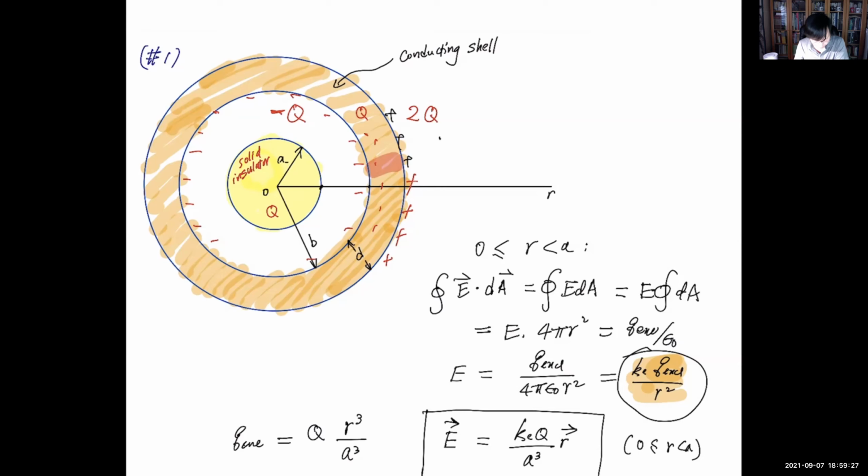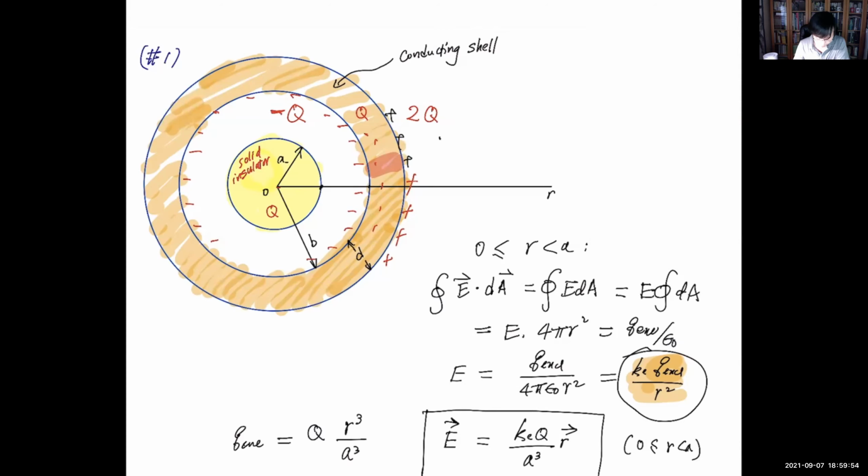So you can put any charge anywhere you want and they won't move. That's why they're insulators. The charges cannot move. But if it's a conductor, then to make sure that there's no electric field inside the shell and at the same time satisfy Gauss's law, you don't have a choice. You must have an equal amount of negative charge on the inner surface to cancel with the positive charge here.